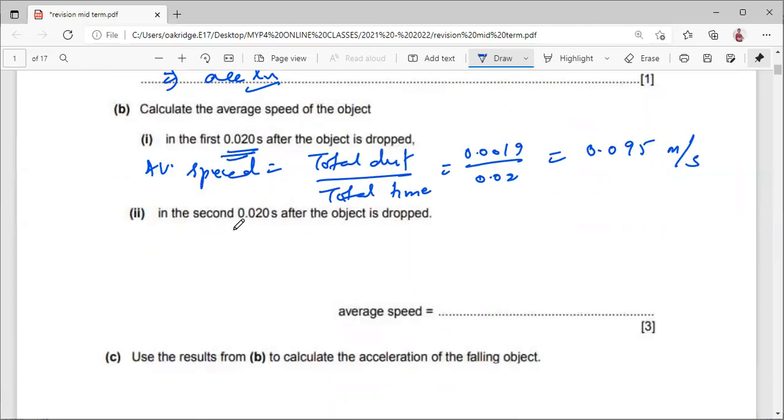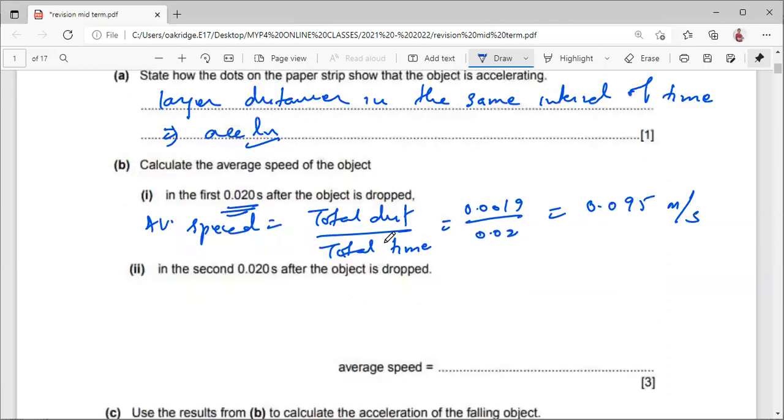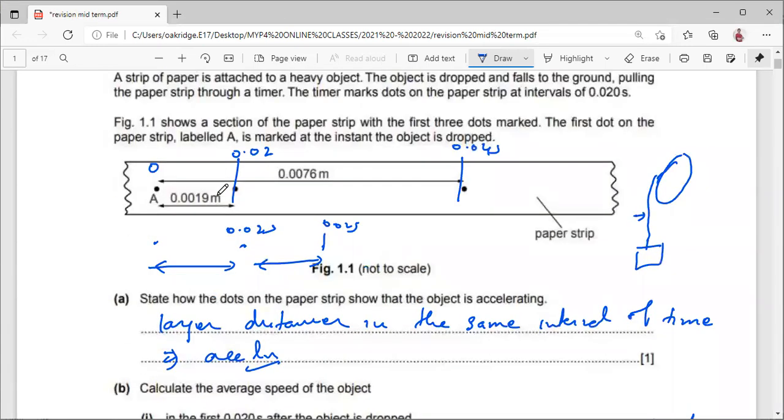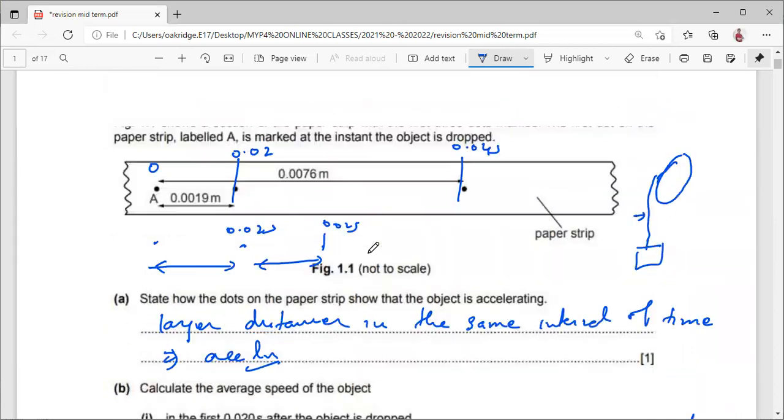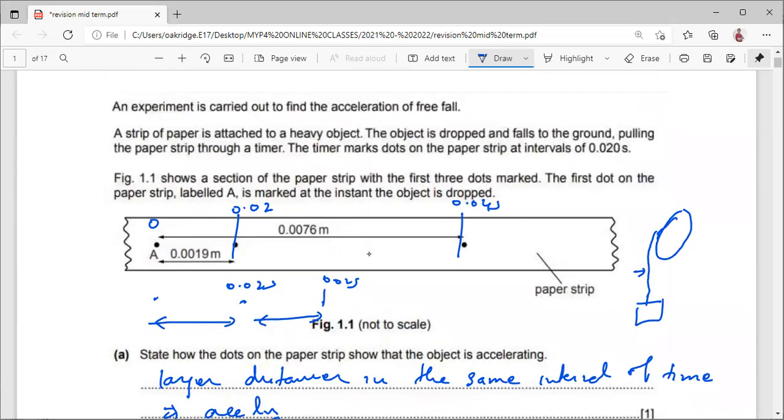In the second 0.02 seconds after the object is dropped, the first 0.02 seconds I used this distance. In the second 0.02, what is the average speed? That's what he's asking. So the distance covered from this point to this point is 0.0076.